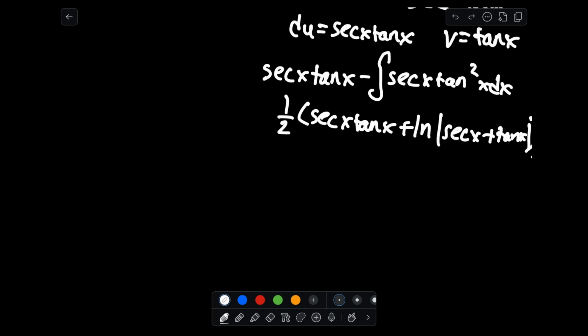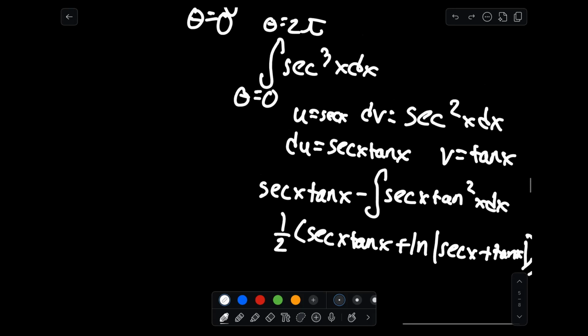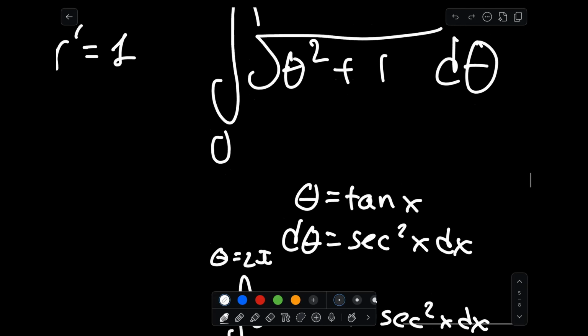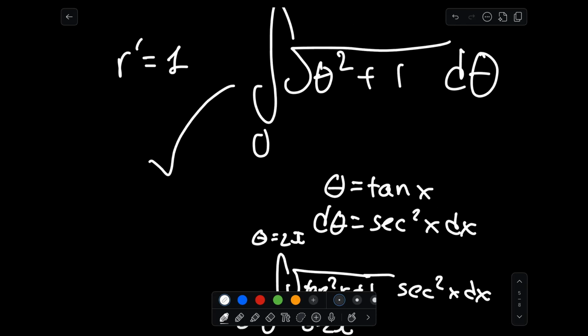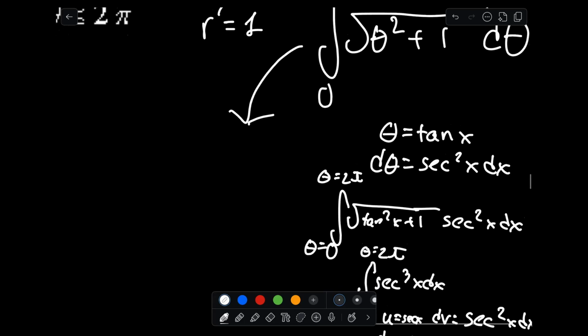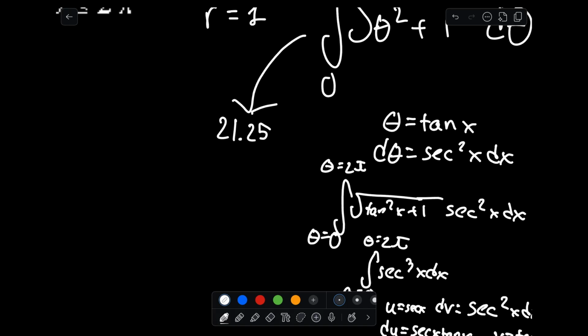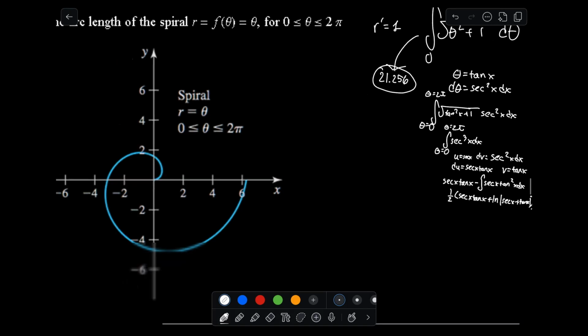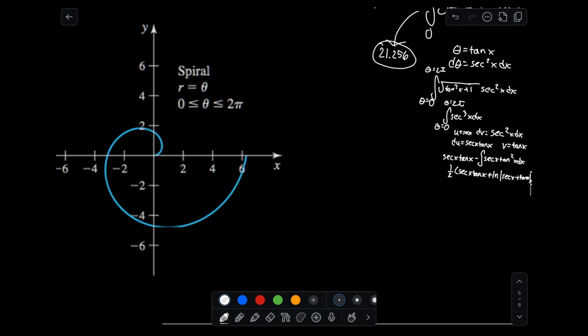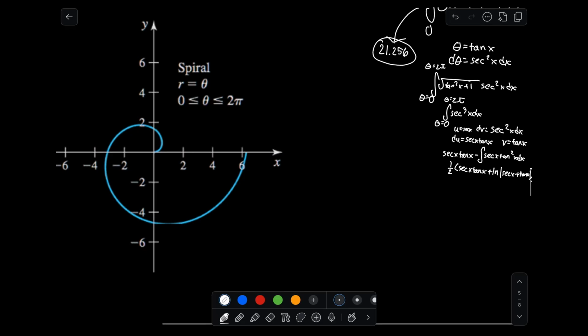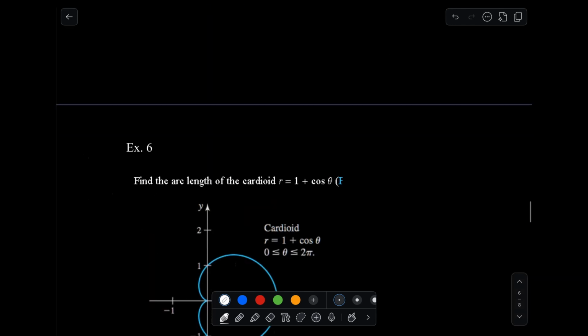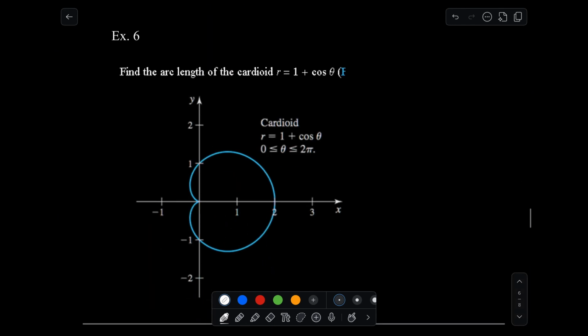But ultimately, if you are just looking for the answer and you were one of those cowards that used the calculator, from this point right here, you should have gotten something like 22.256 as your final answer, which is pretty nice, pretty satisfying. You don't have to do all this disgusting, in my opinion, trig manipulation and integration by parts. Math is beautiful, but sometimes it gets kind of ugly.